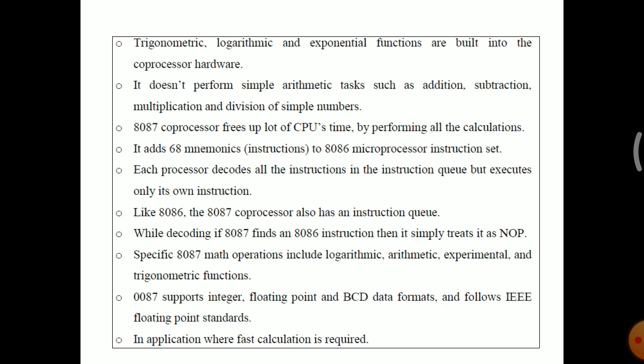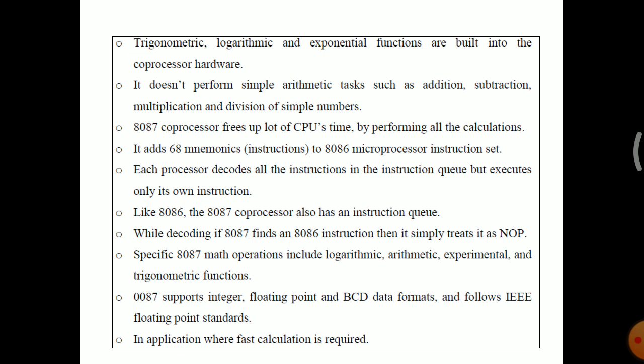Three main data types are supported: integer, in that short, long; in floating point, again short, real, temporary; and in the BCD format, the binary numbers will be supported. 8087 also follows the IEEE floating point standards.